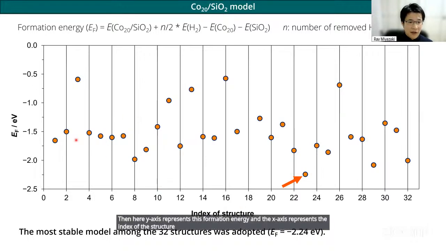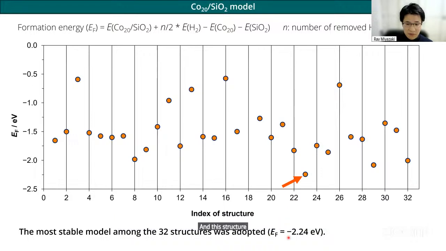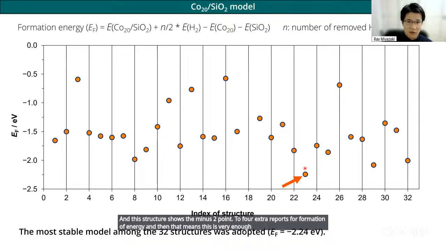After the geometry optimization of each point, I finally got the most stable one, number 23. This structure shows minus 2.24 electron volts for formation energy, which means the contact between the cobalt cluster and the silica slab is stable enough.